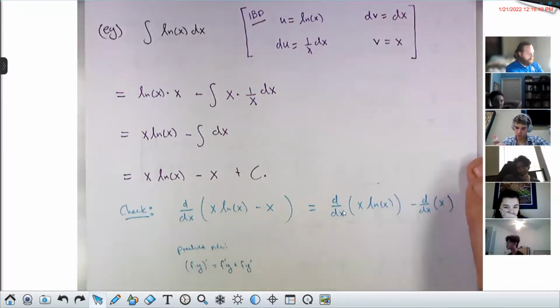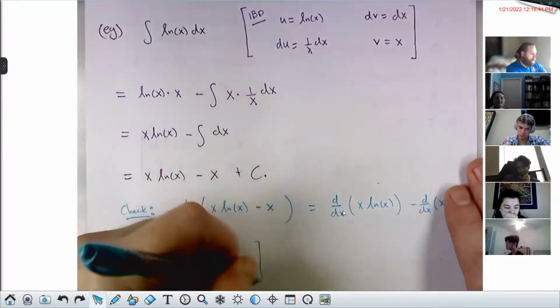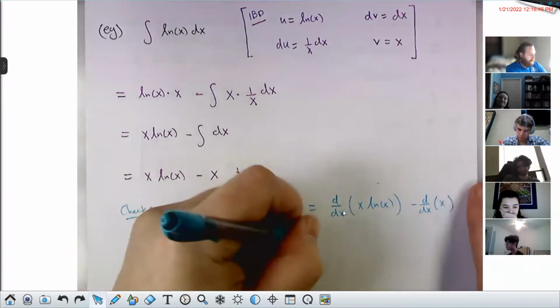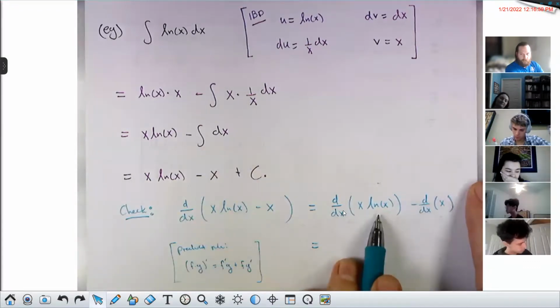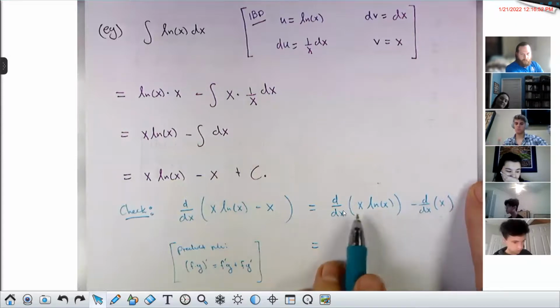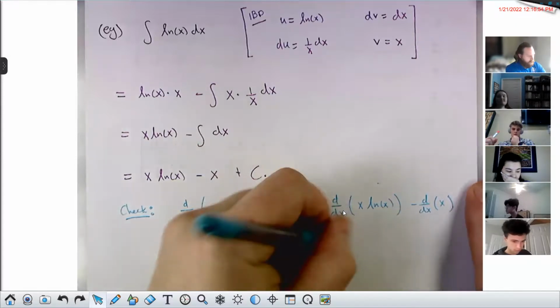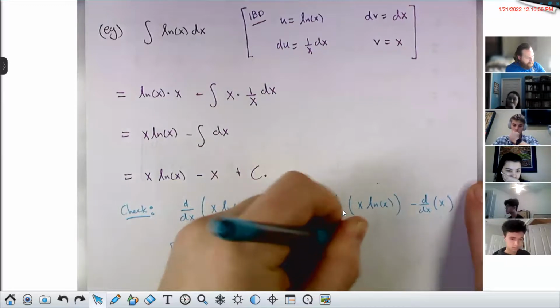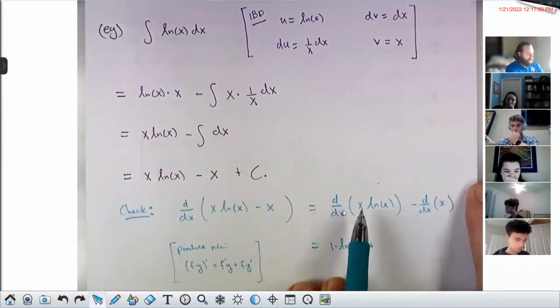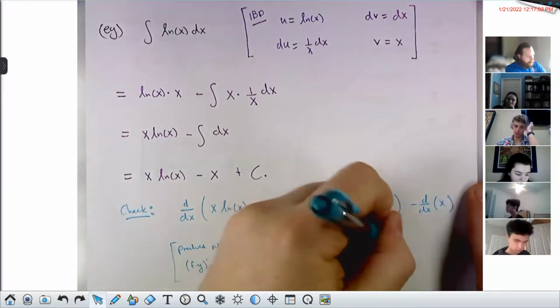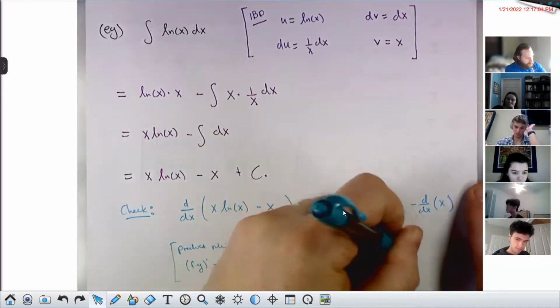So this piece I use the product rule on. My f is like the x, my g is like the ln of x. So f prime times g is 1 times ln of x, plus f times g prime is x times 1 over x.